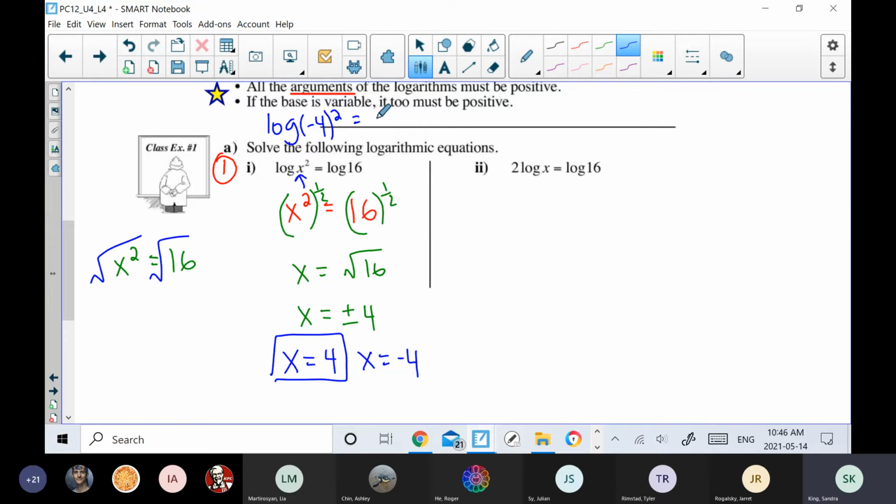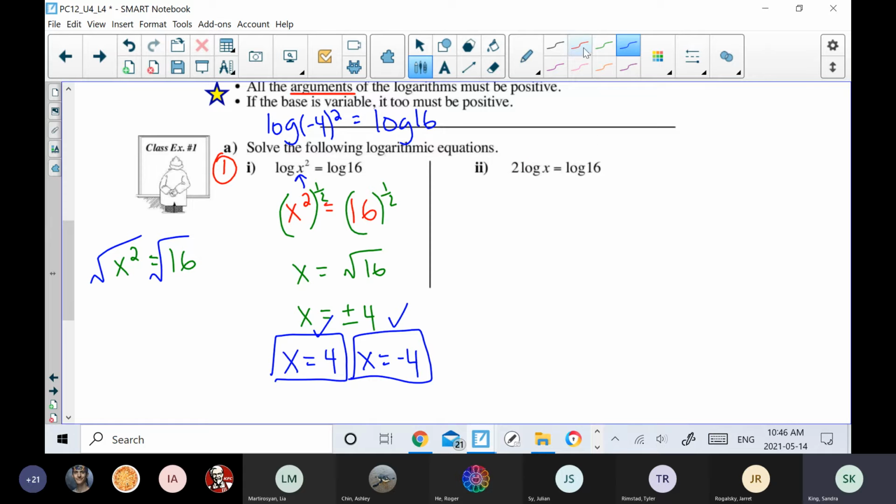This would be -4 squared is 16. So if I input a -4 there, my argument is still 16. So that means that this is also a solution. I actually have 2 solutions here. And the reason is because even though this X is negative, my argument, once I square it, is going to be a positive number. So this guy has 2 solutions.